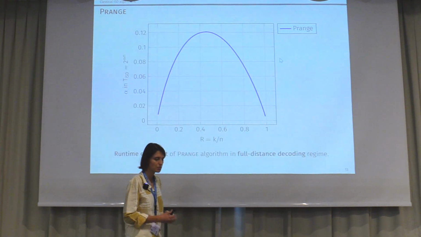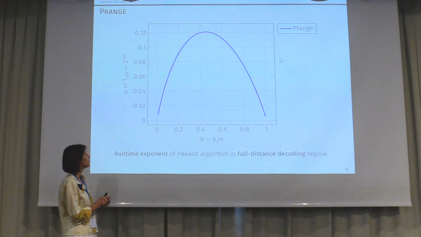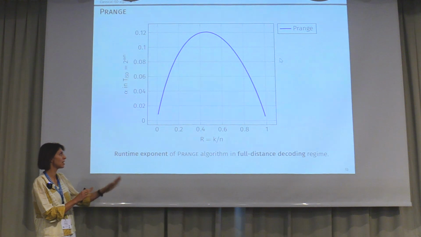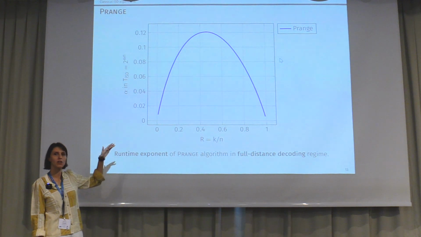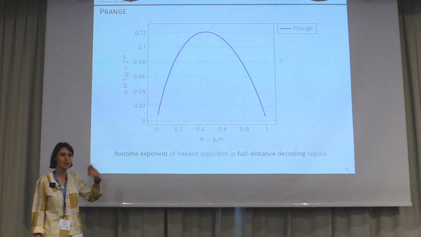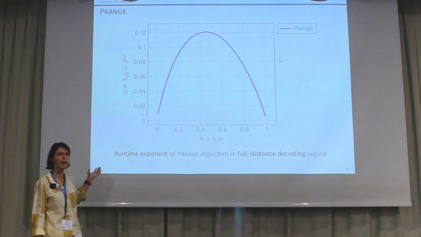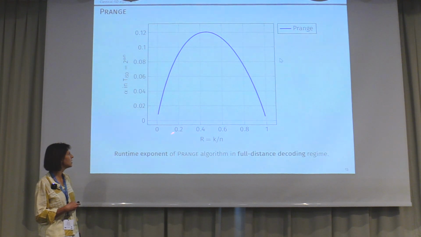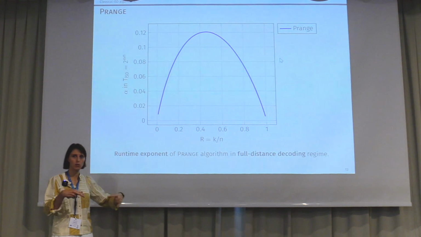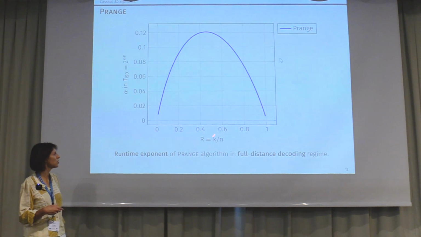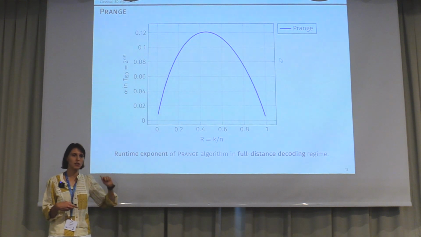Maybe I will start by giving you one graph of the complexity of the Prange algorithm, because this is how these curves look when you normally compare different ISD algorithms. They will all have this shape that looks like an entropy function. What we see here is that we fixed the weight so that we are in the full distance decoding regime, and then we observe this problem for different code rates, basically different proportions between the code dimension and the code length.